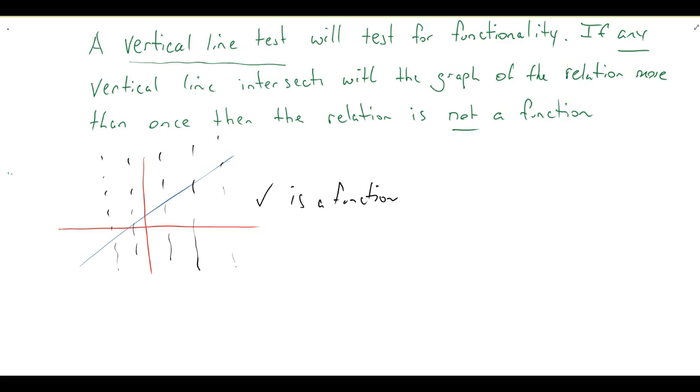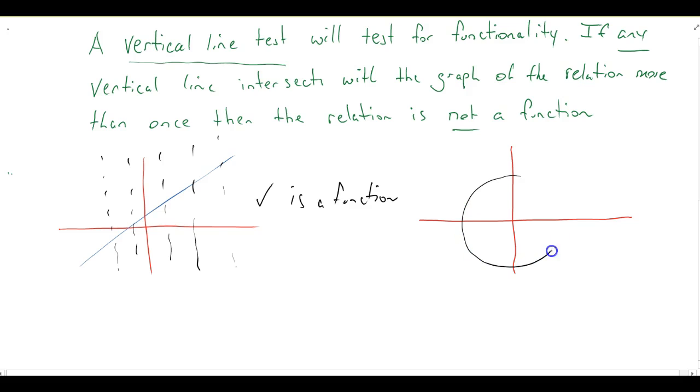So let's have a look at another example, and maybe you can think of one that won't be a function. So perhaps you're thinking of a circle. Might be one example where it's pretty clear. One intersection is okay with the tangent, but as soon as we get into the circle, then we've got two strikes, and two strikes is out.